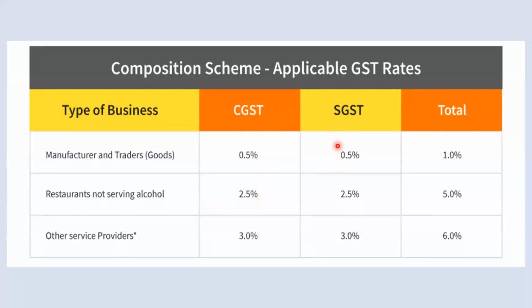So now you have a task to check the bills whenever you go to a restaurant. Make sure that you ask for the bill, and in that bill you will be in a position to identify the rates. The other service providers are supposed to pay 3% for the CGST and the SGST.